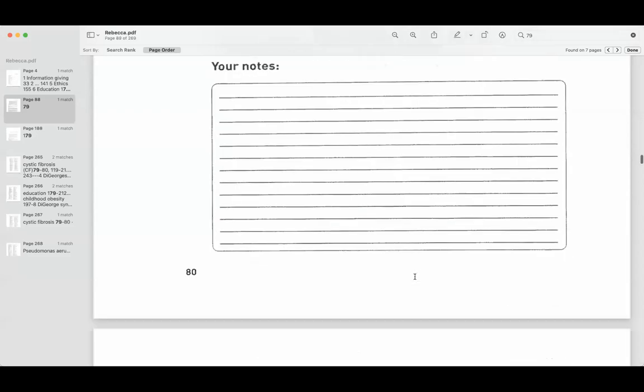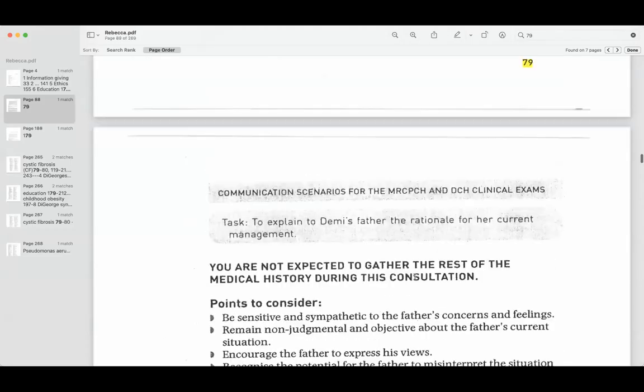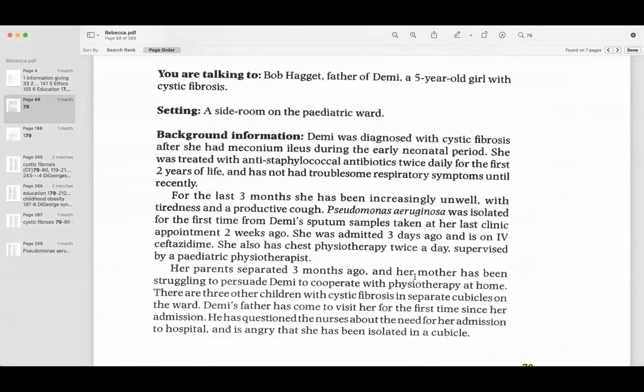So as I understand, this is an information-giving scenario. Here the girl is a 5-year-old, Demi, and she was well controlled with cystic fibrosis until 3 months back. In the first 2 years, she was on anti-staphylococcal antibiotics, like a prophylaxis. Then she was fine till the age of 5 years. Now, for 3 months, she has had maybe a superadded infection with Pseudomonas aeruginosa.